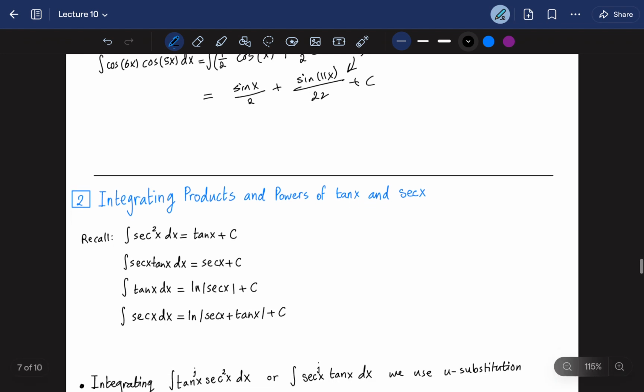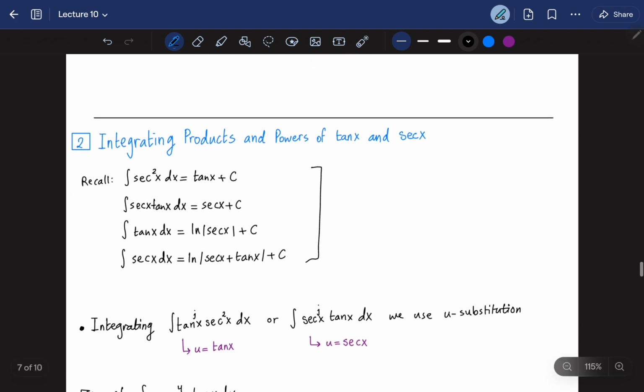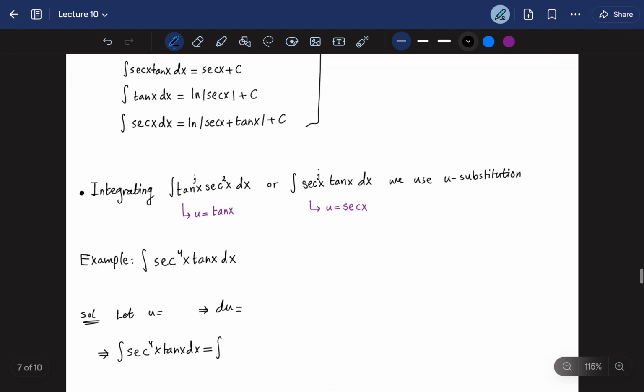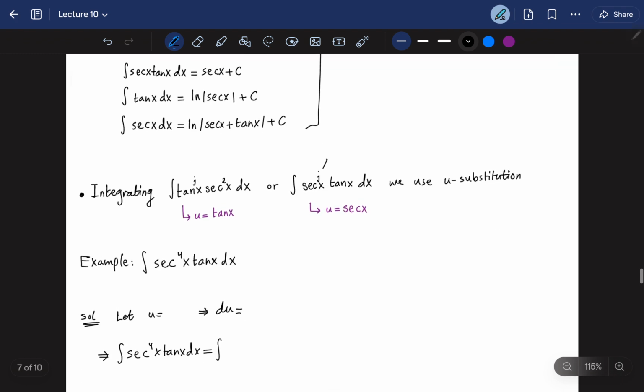Let's just recall the integrals of these. So these integrals we should know. And now let's see. If I have a secant with a certain power and tan by itself, I'm just going to use a u sub with u to be my secant. If I have tan with a certain power and secant squared, I'm going to apply a u substitution directly with u to be tan.